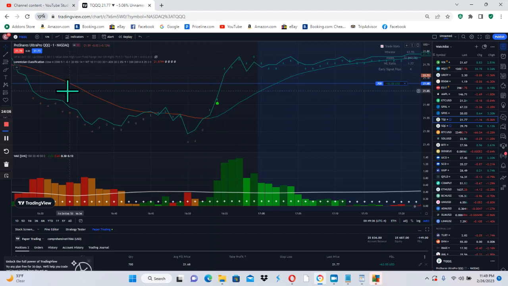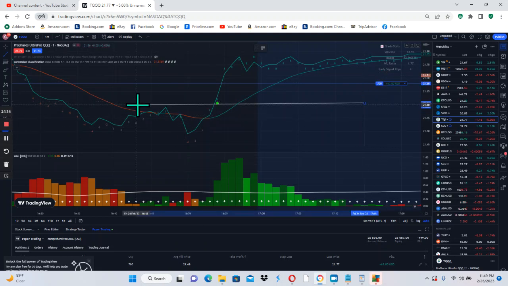So if I were to buy it there, let's draw the line. That's where we bought it. We followed the machine learning indicator to buy that stock, and then we are confirmed.